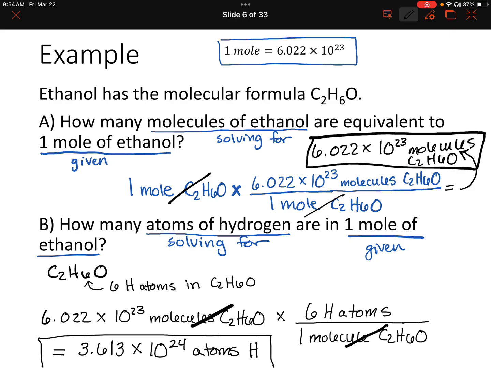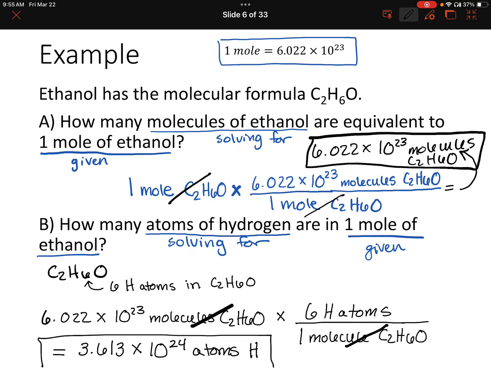Okay, so if you can picture, let's say we have just a sample of ethanol, which is a liquid, and we know that we have 1 mole of ethanol, but there isn't a good way to zoom in on the sample and count all of the molecules of ethanol, right? However, we do know that 1 mole of ethanol is equal to Avogadro's number of molecules of ethanol.